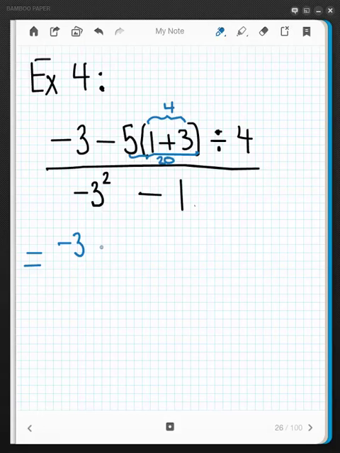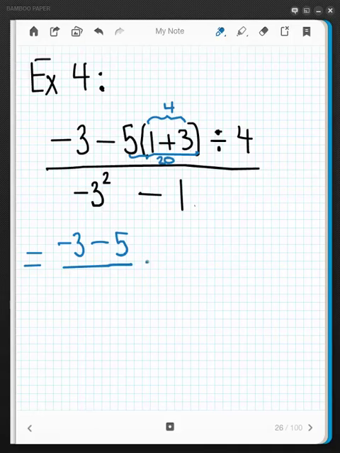We can either leave this as a subtraction and get this answer and then deal with that subtraction, or if you wanted to, you could have said plus and attached the negative sign to the 5, and this would have been then a negative 20. It's totally up to you. I'm going to leave it as a subtraction, and that is 20 divided by 4. And 20 divided by 4 is a 5.